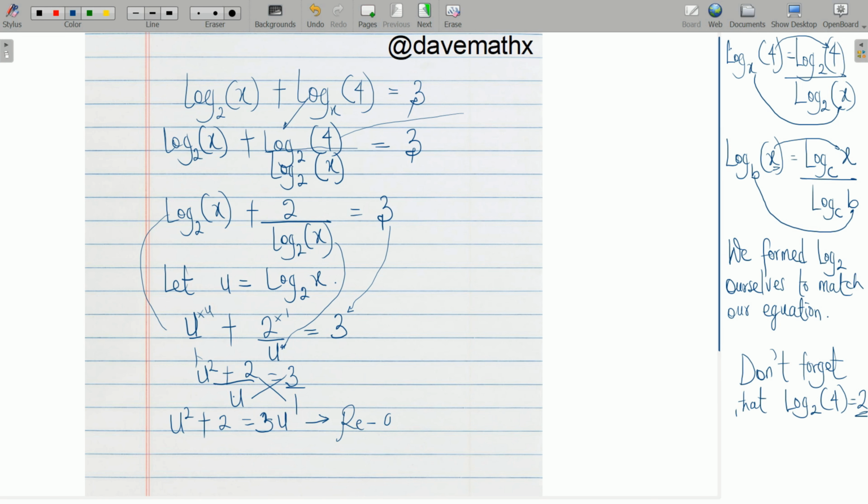After this we can rearrange the equation properly in a quadratic equation pattern. We have u square minus 3u plus 2.